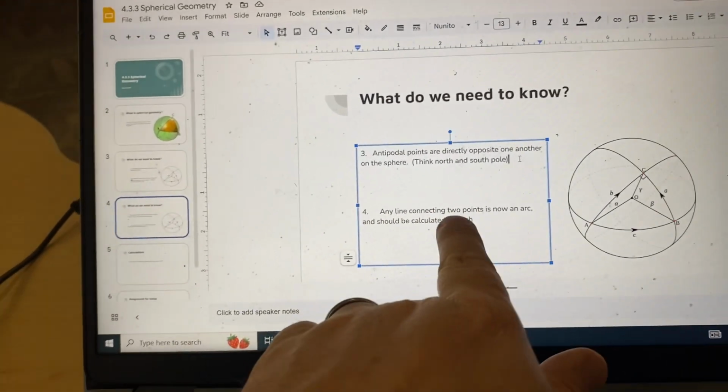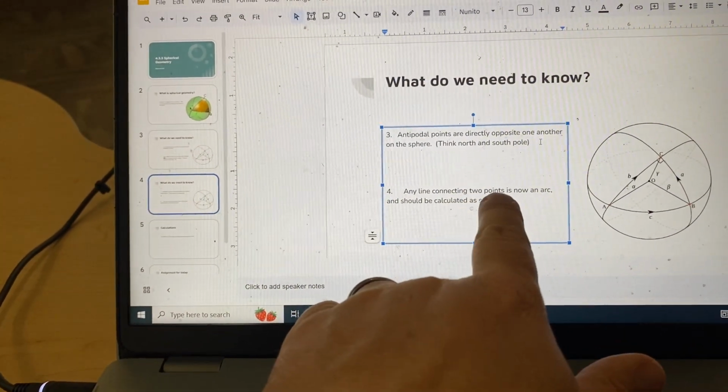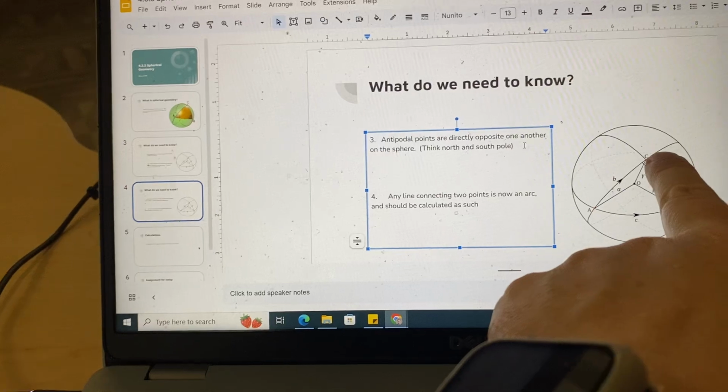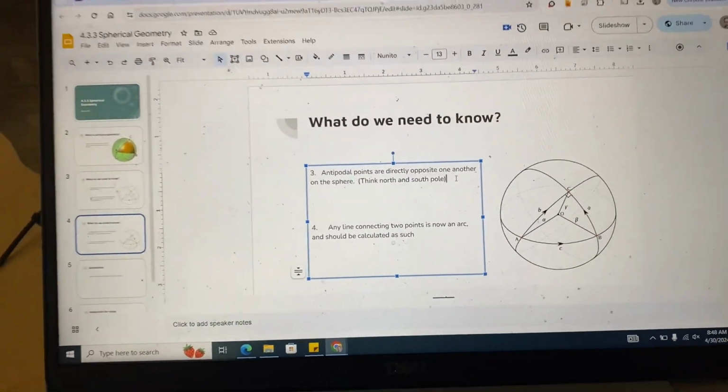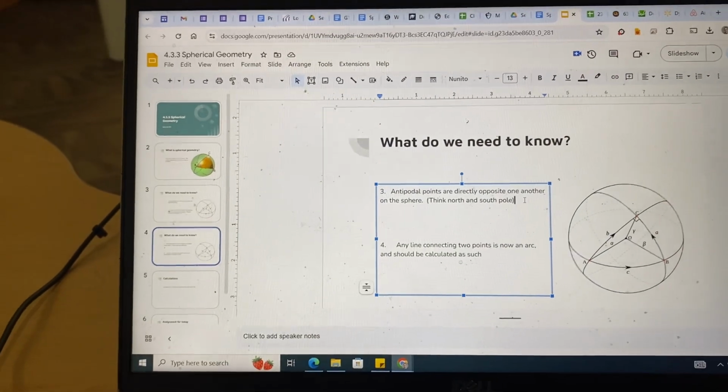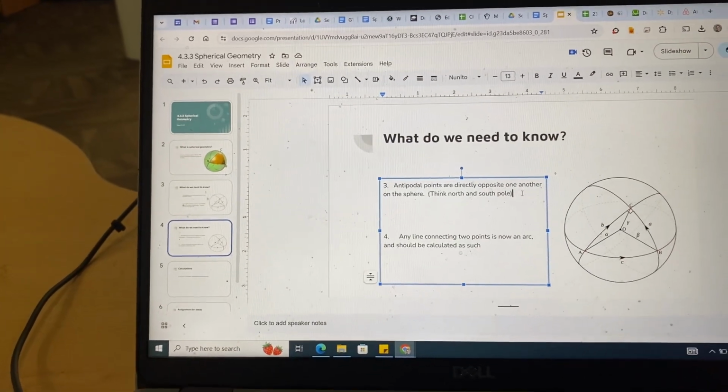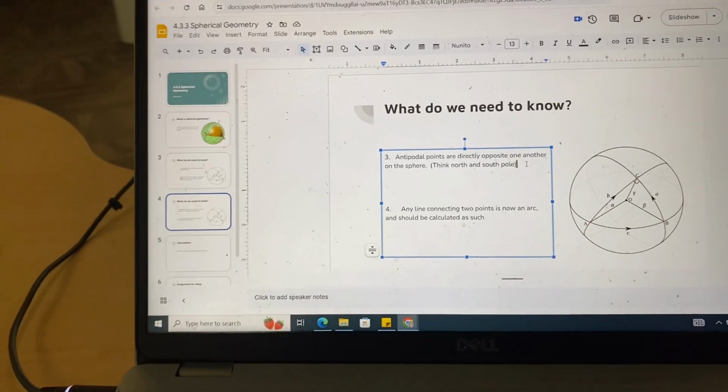When you're finding lines, we have the 2 points there that we're calculating the distance between, like points A and C or A and B or whatever. You have to remember that when we go back to circles and we were calculating distance of arcs, that's what we're working with here.